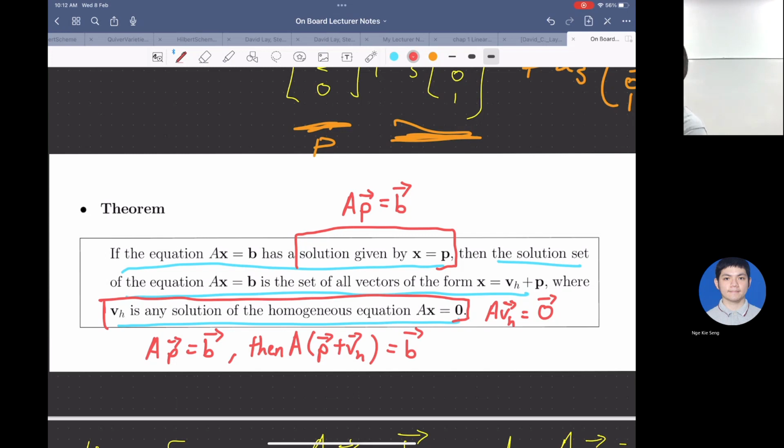And in fact, this is all the solutions. So you have a solution for Ax equals b, and then you add all the solutions to the homogeneous system, and then you will get all the solutions. Make sense? Any question?